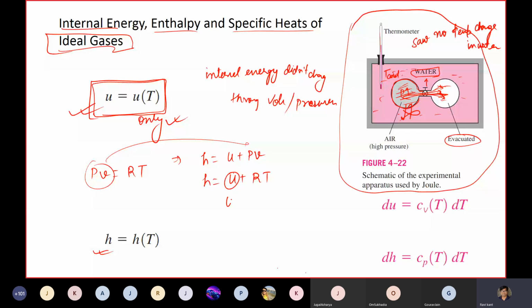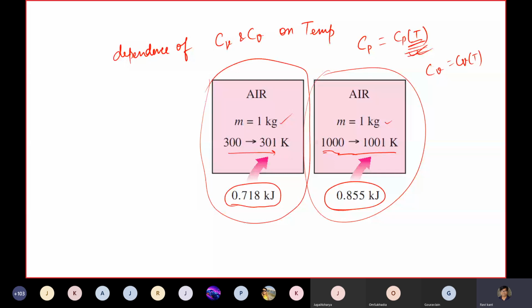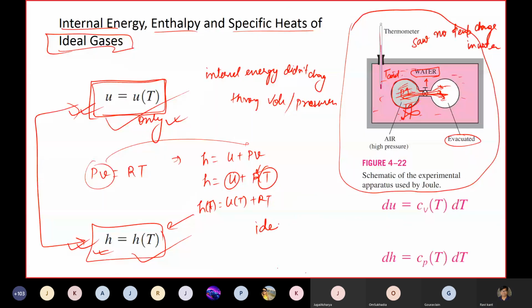Enthalpy is also a function of temperature only. And in the previous slide, we have seen that Cp and Cv are also functions of temperature only. And this is valid for ideal gases only. Then only we would apply this.